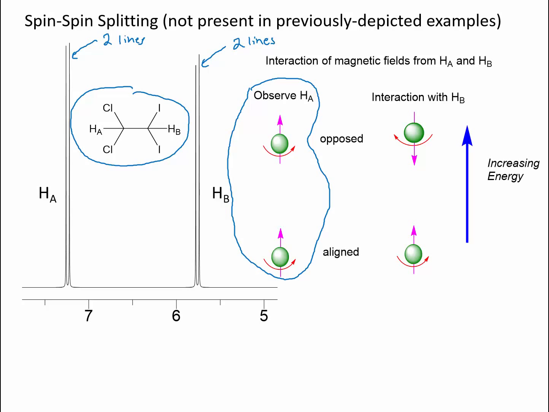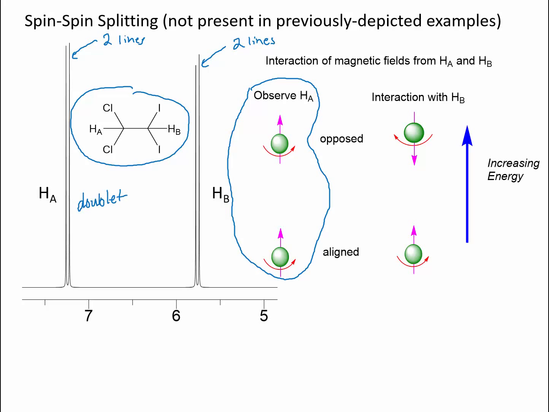When we observe HB, we see the same thing going on due to the magnetic fields of HA. So each of these lines is split into 2 distinct spin states, okay? And we call the pattern that we're looking at here a doublet.